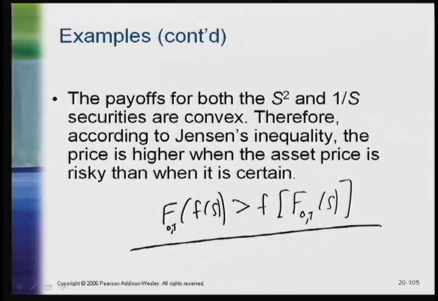This is going to be true for any f that's convex. And we saw two examples, S squared and 1 over S. But if f is any convex function, the forward price of f of S is going to be greater than f of the forward price of S.